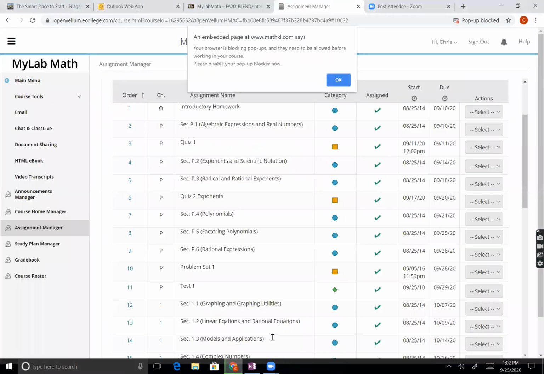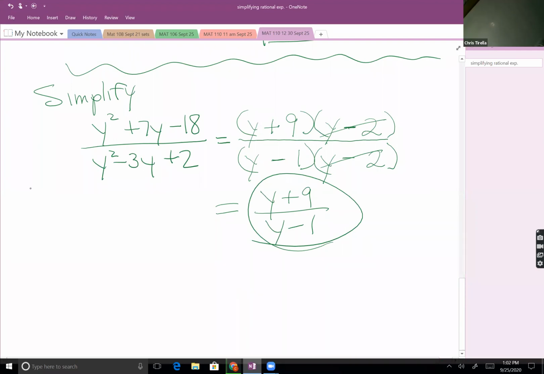So if this question asks for the domain, to make that denominator 0, y cannot equal 1 or 2. And so with a comma in between, that's how they treat the domain questions.